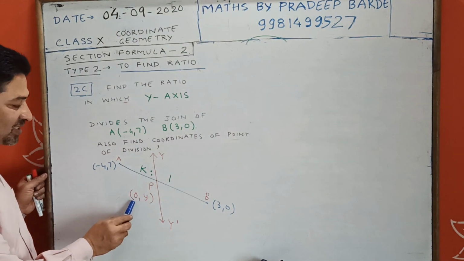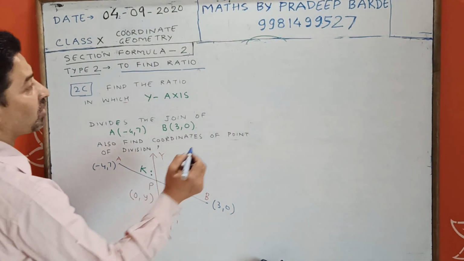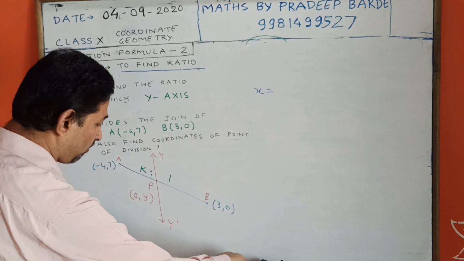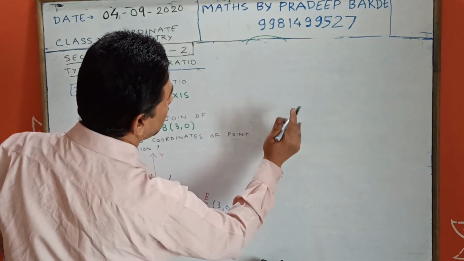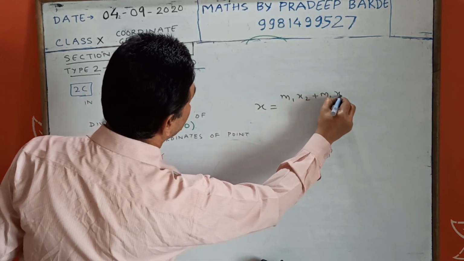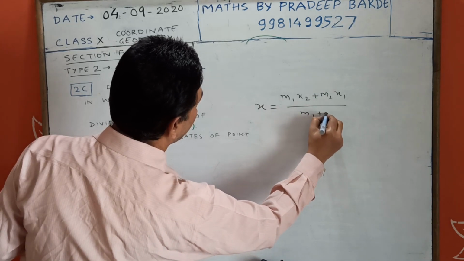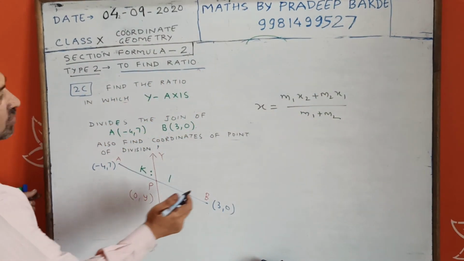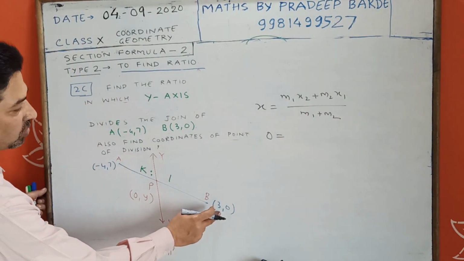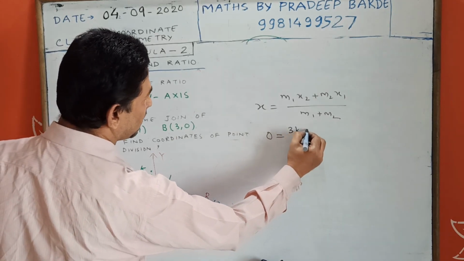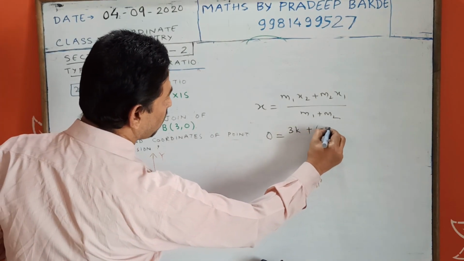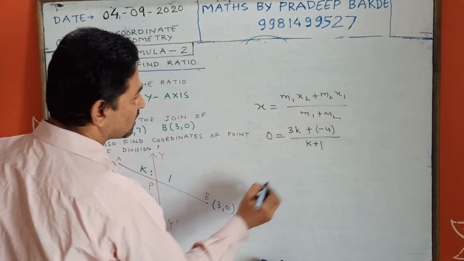अब यहाँ पर आपको x की वैल्यू मालूम है, तो हम सेक्शन फार्मूला लगाते हैं. x इज इक्वल टू m1x2 प्लस m2x1 अपॉन m1 प्लस m2. x की वैल्यू 0 है, तो 0 इज इक्वल टू k इंटू 3 प्लस 1 इंटू -4 upon k plus 1.